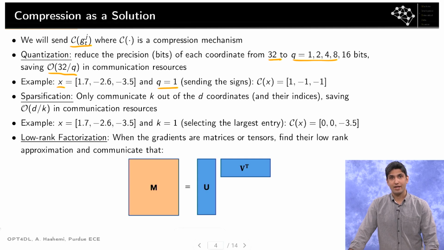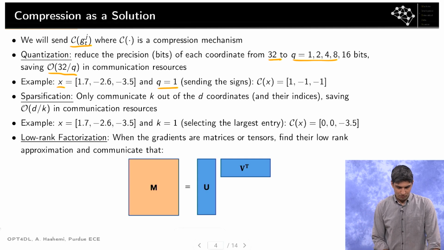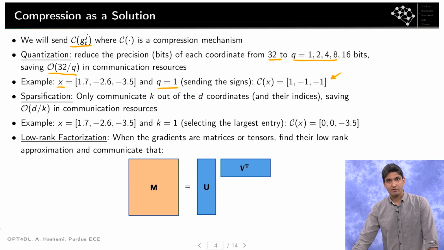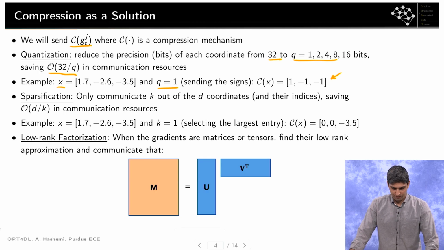We cannot communicate anything beyond that. Therefore, in this case, the first coordinate is positive, the second and the third coordinates are negative. What we're going to send as a result of applying quantization as our compression mechanism will be a vector where the first coordinate is +1 and the second and the third coordinates are -1, indicating that we are only communicating the sign of each coordinate.